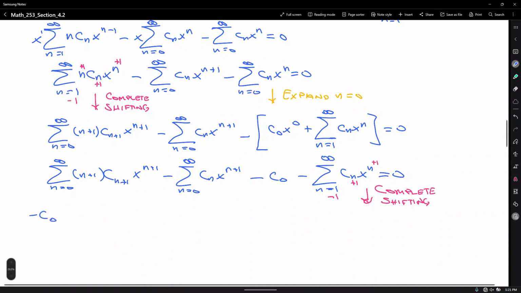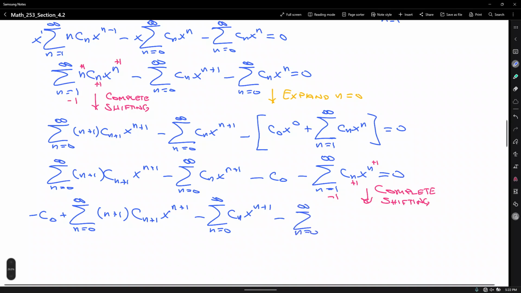Negative C sub 0 plus sigma n equals 0 to infinity n plus 1 c sub n plus 1 x to the n plus 1 minus sigma n equals 0 to infinity of c sub n x to the n plus 1 minus sigma n equals 0 to infinity of c sub n plus 1 x to the n plus 1. And let that be equal to 0. Okay?